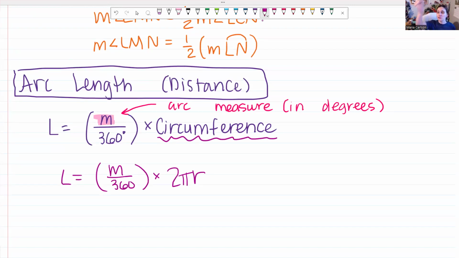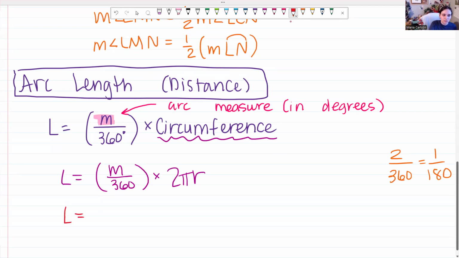The 2 and the 360 can simplify. 2 over 360 is really like 1 over 180. So I could simplify this even a little bit more, and I could say the arc length is equal to that measure divided by 180 times pi times the radius.